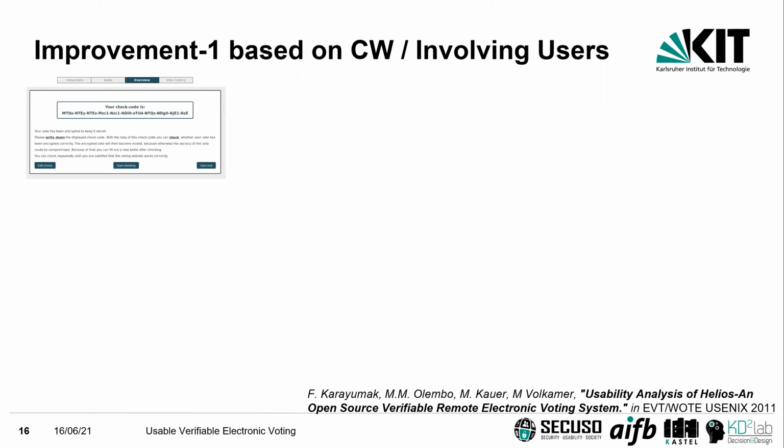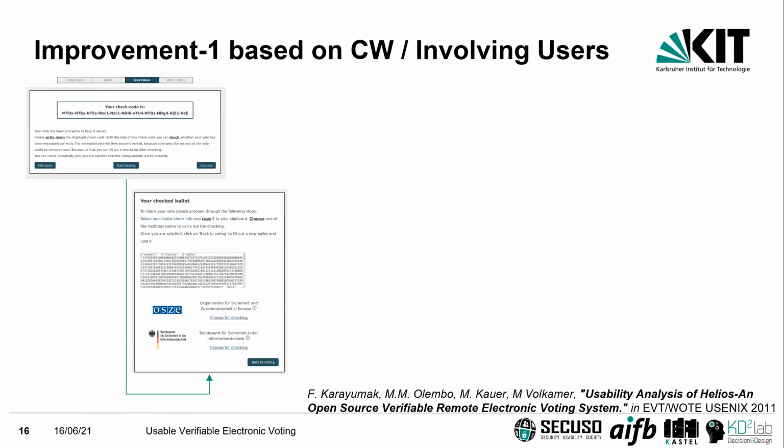So let's assume we are interested in checking whether the software behaves properly and actually encrypted the candidate we selected. So we would click on start checking. In order to check, you get a lot of information, including the candidate that was selected and the randomness used to encrypt your vote.